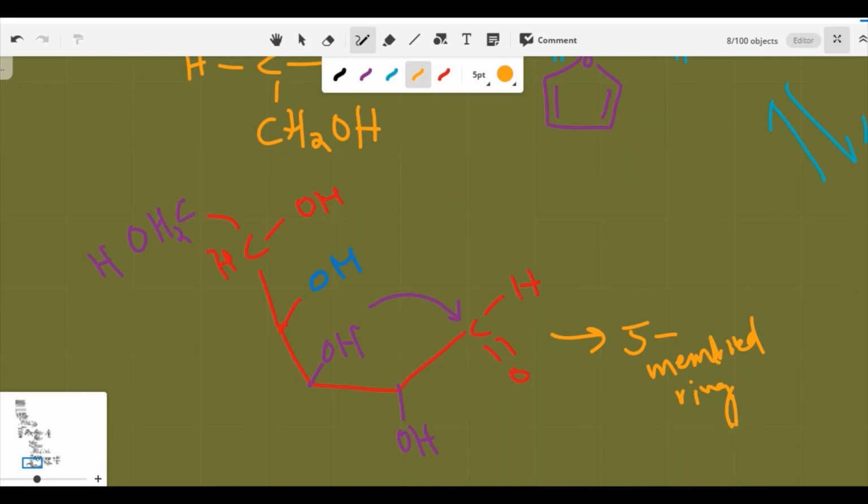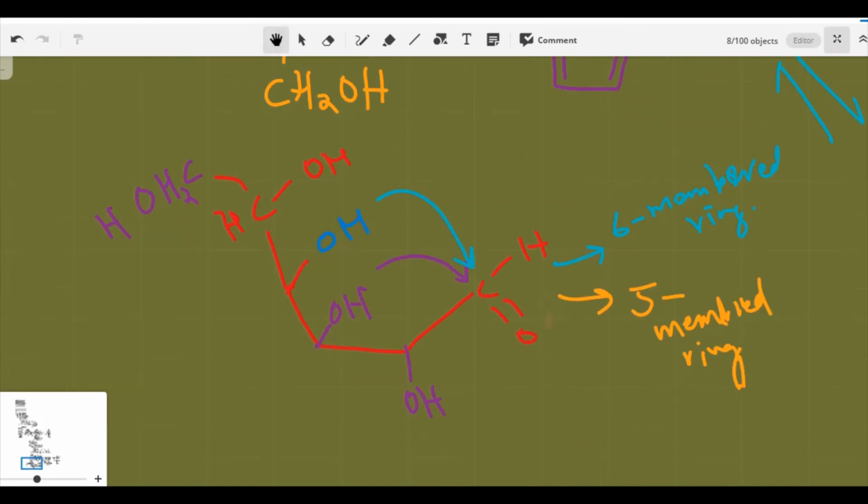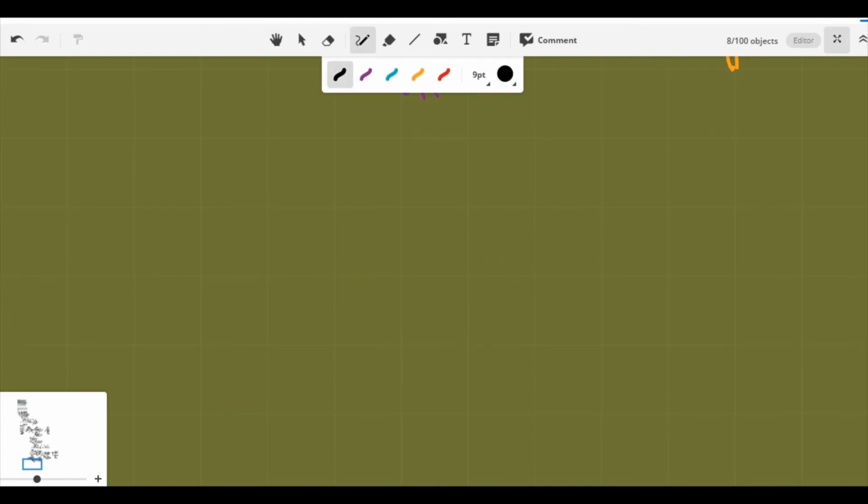And if the carbon 5, or C5, hydroxyl reacts with the carbonyl or aldehyde group, that will make a 6-membered ring. How, I am going to show you. So let me make it again.